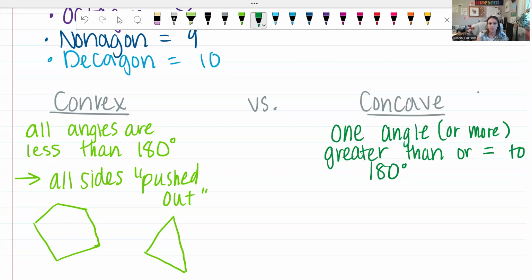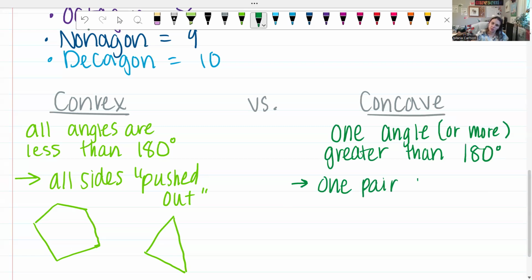Well, it has to be just greater than 180 degrees, because if it is equal to, not really much of a vertex there. All right, so one angle or more is greater than 180 degrees. Oh, and I forgot to tell you what this looks like. It looks like one pair of sides is pushed in.